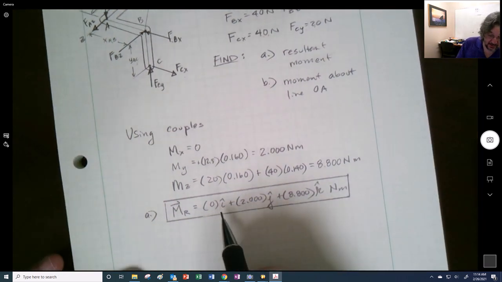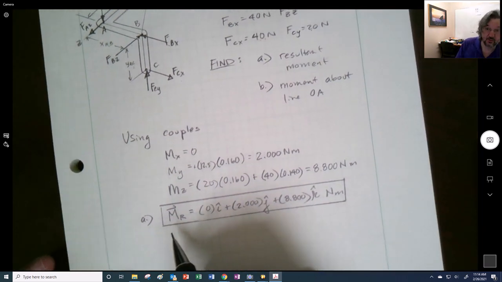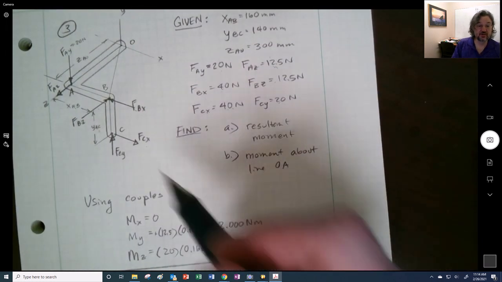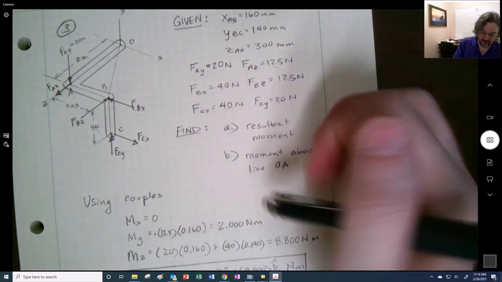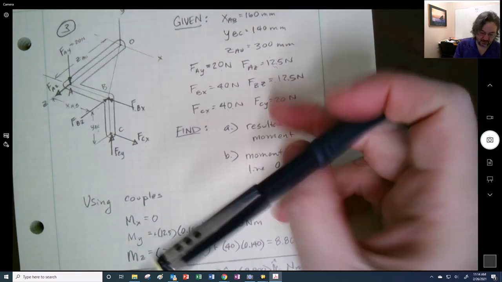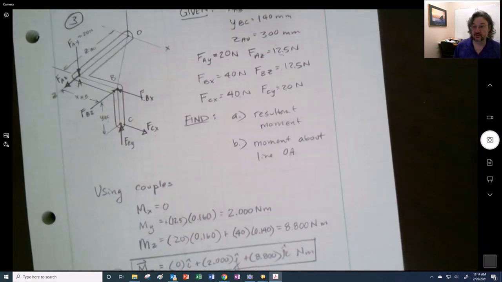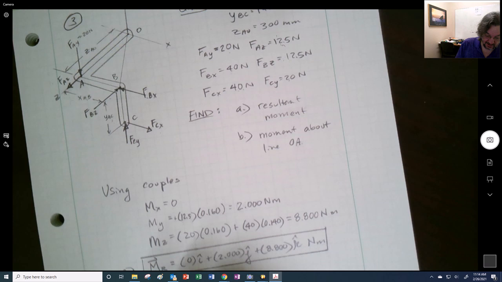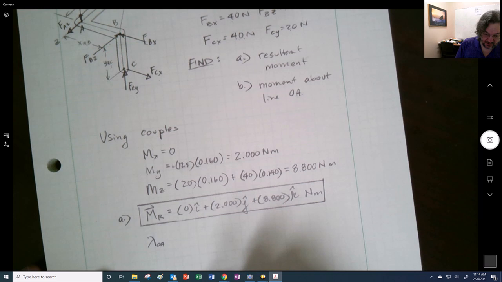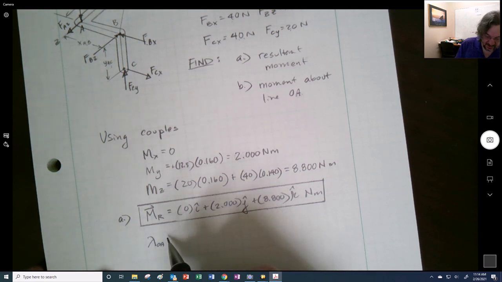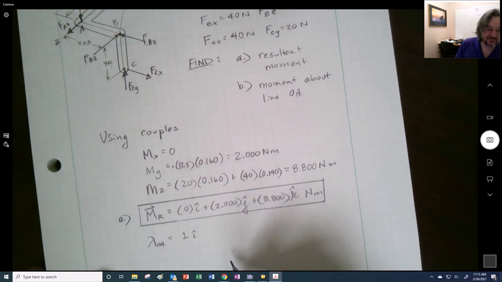Okay, and then for this next one right here, what we need to do to be able to find the moment about this line, OB. I said OA, I meant OB. No, they want it about OA. They do want it about OA. Okay, that makes it really easy, because the direction cosine of OA is just going to be 1i.